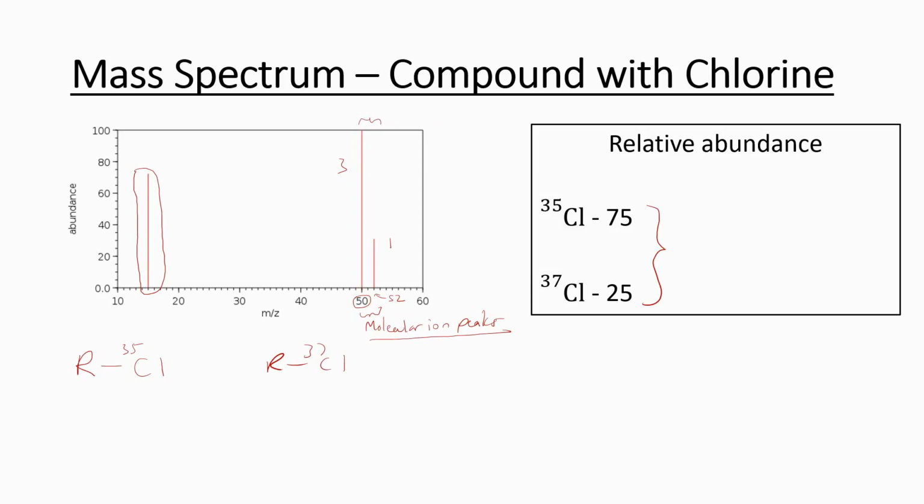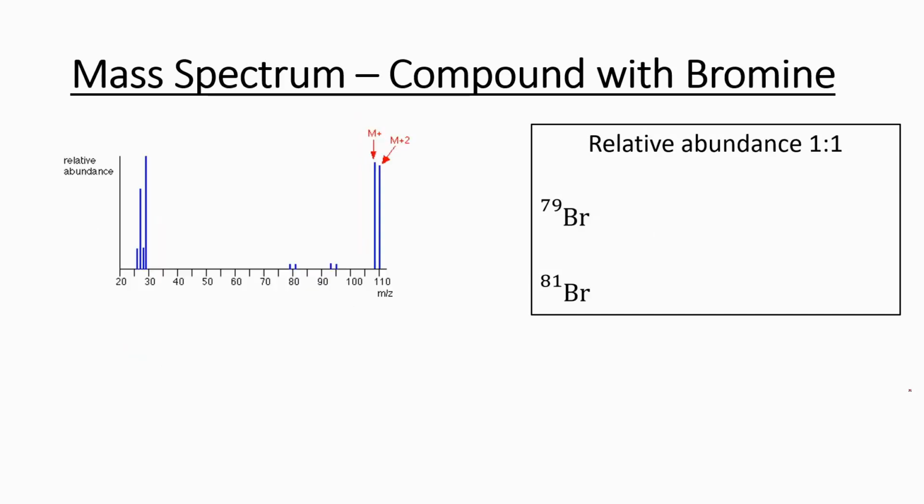Normally, if there's not different isotopes, you will only have one molecular ion peak, but here you don't. So here we can see that this one contains Cl35 and this one contains Cl37. And the difference between the masses or mass to charge ratios is 2. And this is indicative of this.